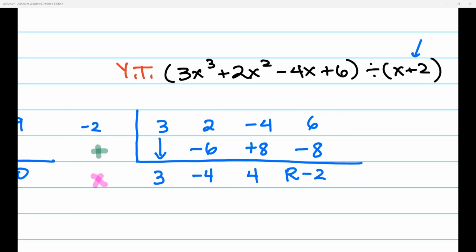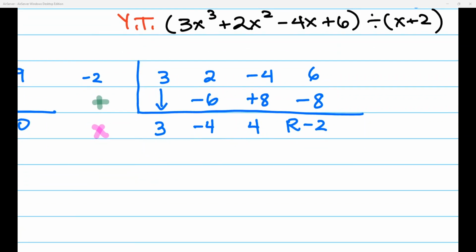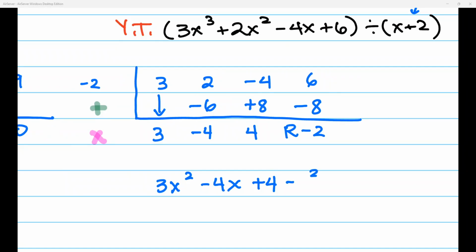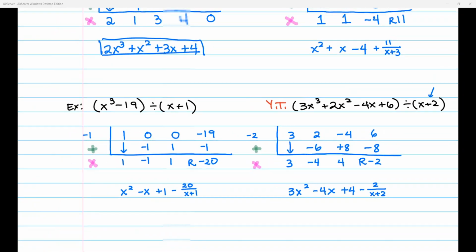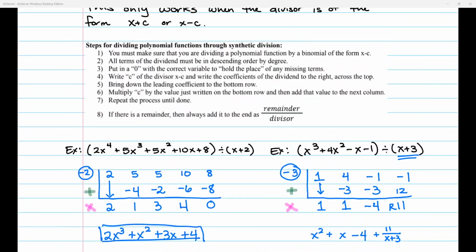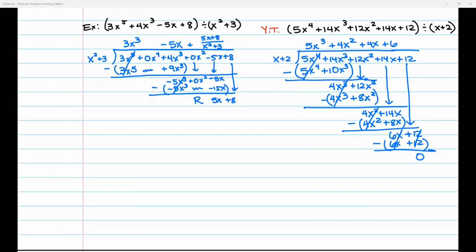If that's my remainder, then this is my constant, this is my x, and this is my x squared. So that means my answer must be 3x squared minus 4x plus 4. My remainder is -2, so I'm going to write this as -2 over whatever my divisor was, which is x plus 2. Look how fast that was, guys, compared to having to do this.